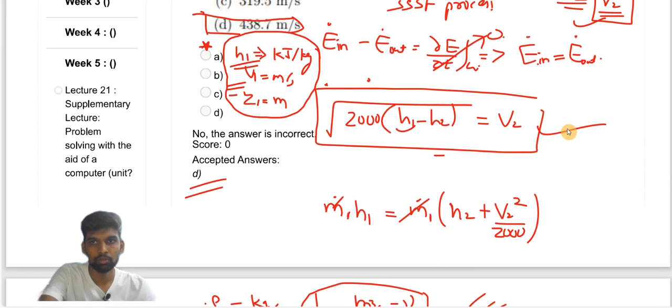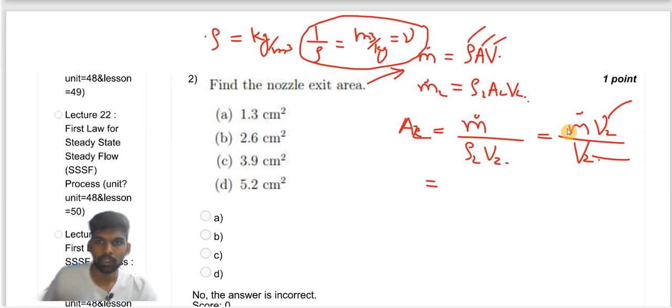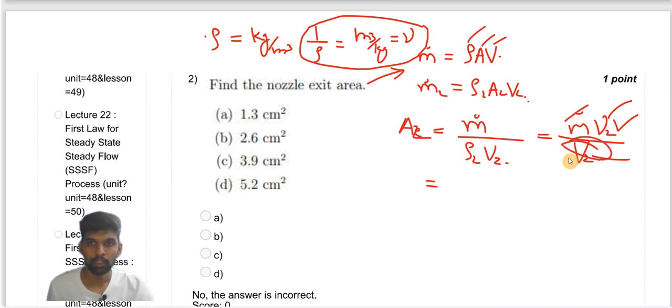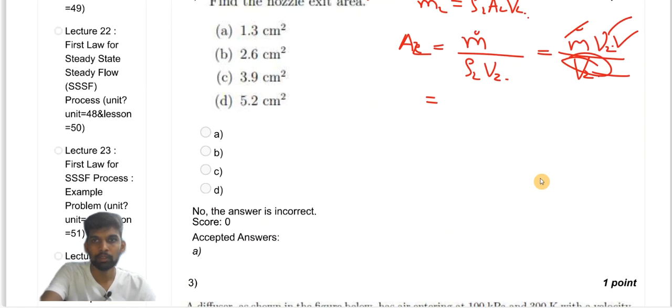So once you have v2 with you, since m dot is known to you, and the specific volume is known to you from a property table, and velocity at exit you have calculated, so you will get some value. Okay, so here they have mentioned centimeter square, so mass flow rate is in kg per second.